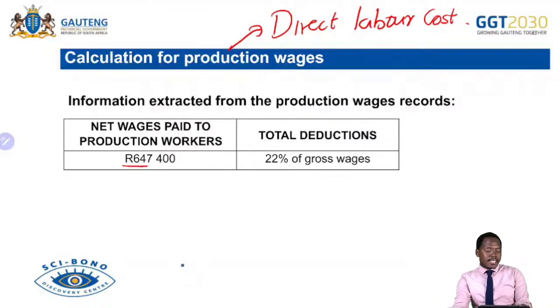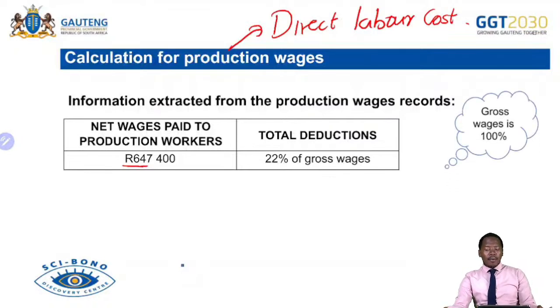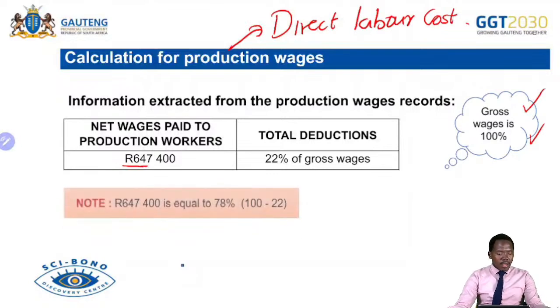Right, so we have our net. Now I'm breaking down the transactions we've already looked at earlier on. I hope, grade 12s, we are all going to keep up. Now, remember, grade 12s, have it on the back of your mind that my gross wage is 100%. Now, let us look at this, grade 12.